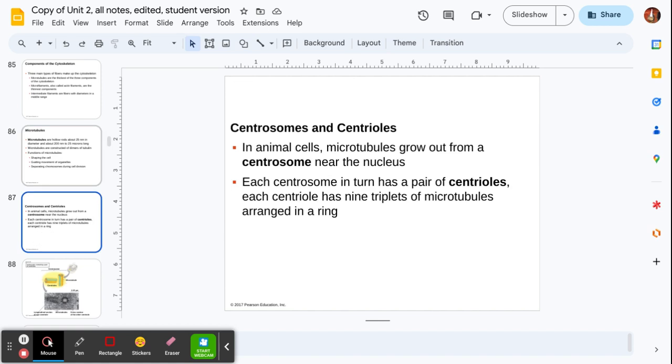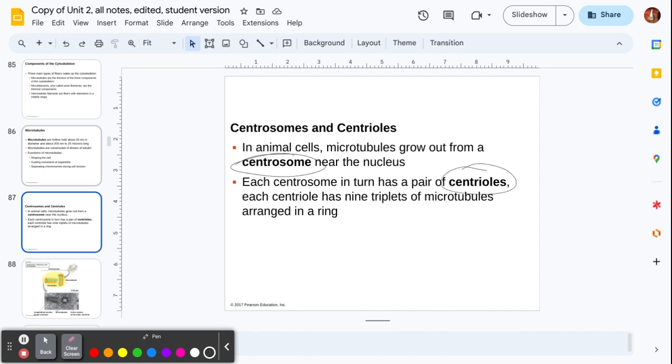With regards to cell division, in animal cells, there are microtubules, and they grow out of another organelle called the centrosome. Okay, so the microtubules are going to extend out of the centrosome. And when they're growing out of that centrosome, they are called centrioles.